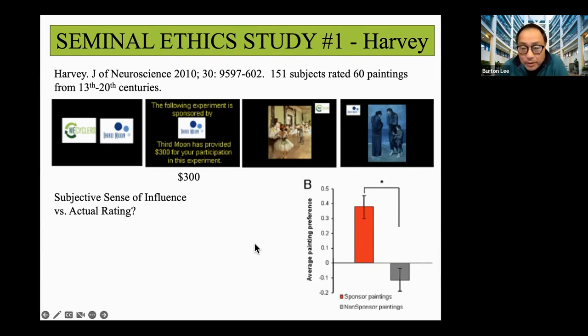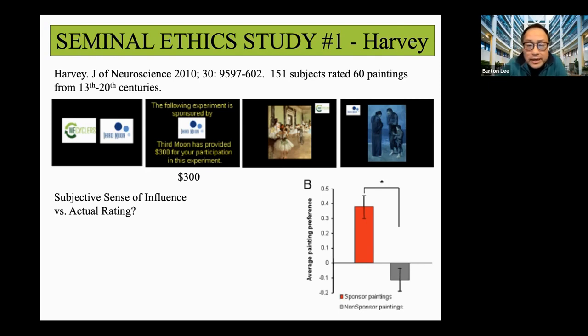So the part that I didn't tell you about is that these subjects were not looking at paintings on a wall, but they were actually lying in a functional MRI scanner, and these paintings were on the MRI. So as you're lying there in the machine, you're looking at these projections of these paintings.